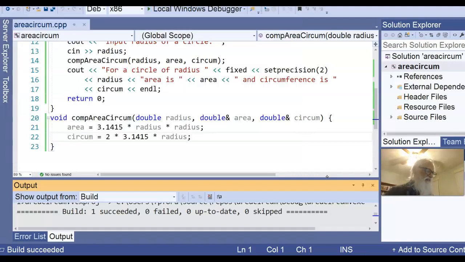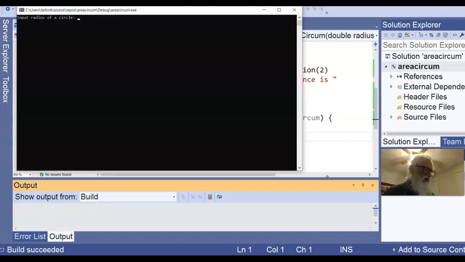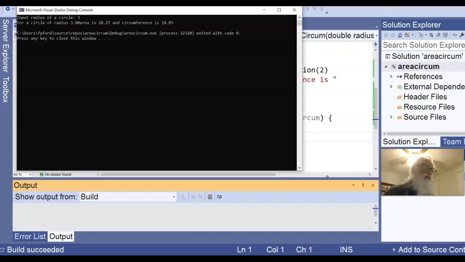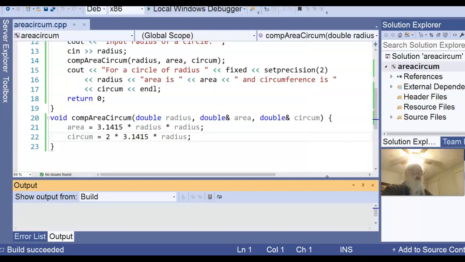Let's try a different one. Let's try 3. We get 28, and we get 18, so we do get a difference. Now, those are estimates of pi. Some people don't like using estimates of pi. They prefer to use something closer.